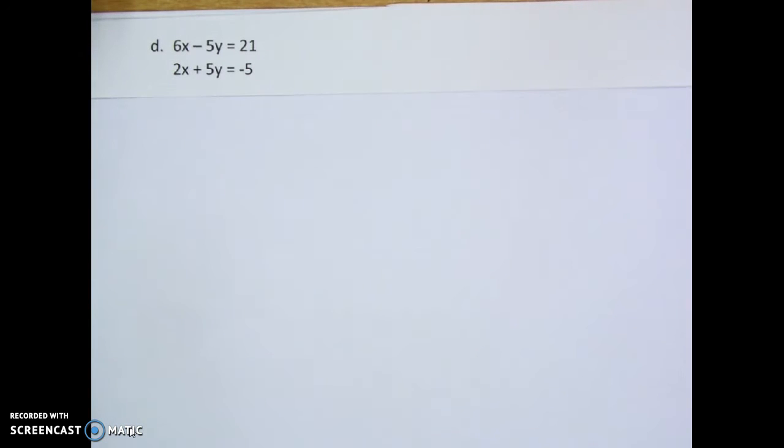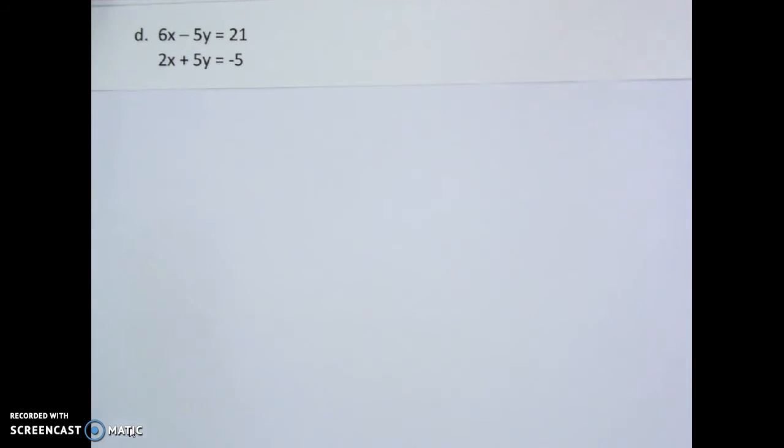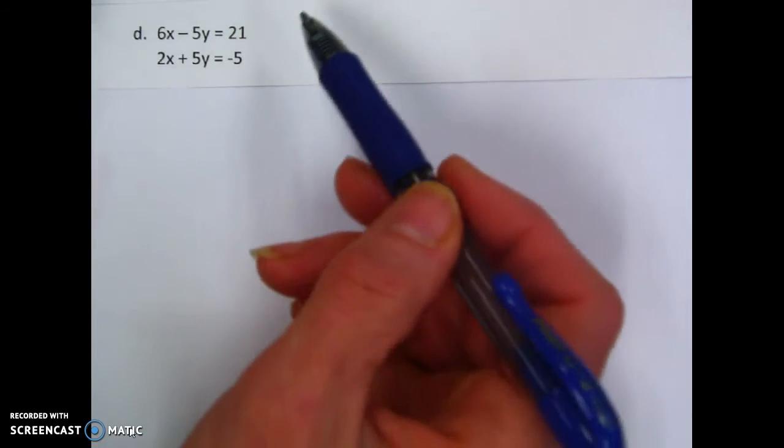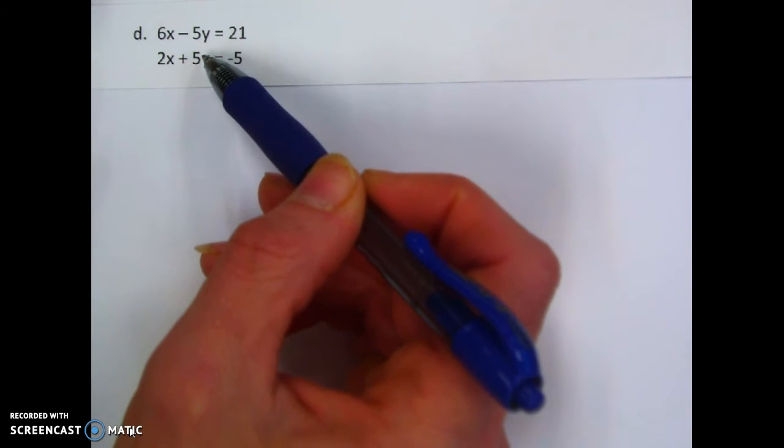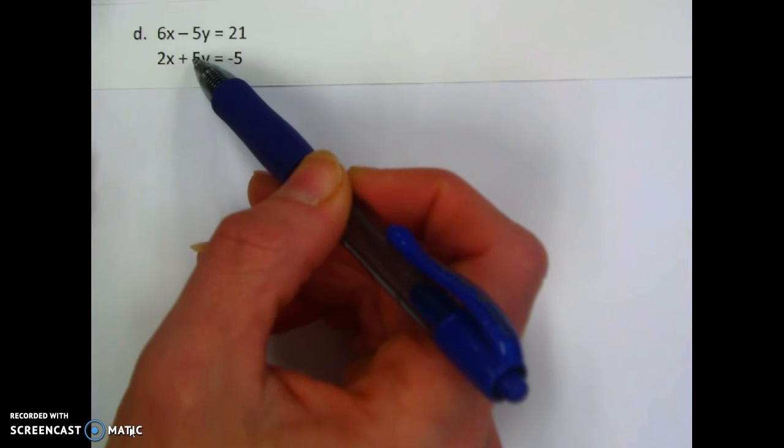So if we take this last problem that we were just given and we want to eliminate, what we're trying to do is get opposite coefficients either on x or y, and then we add the two equations and one of the variables will be eliminated. So in this case, both the y variables are already opposites. -5 and +5 are opposites.